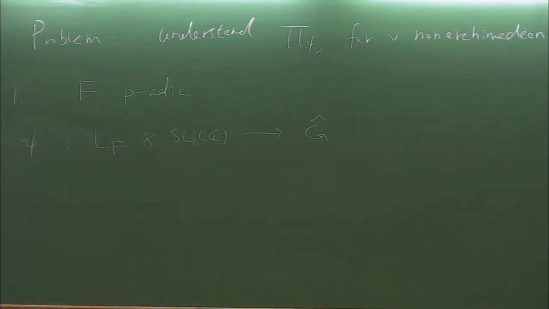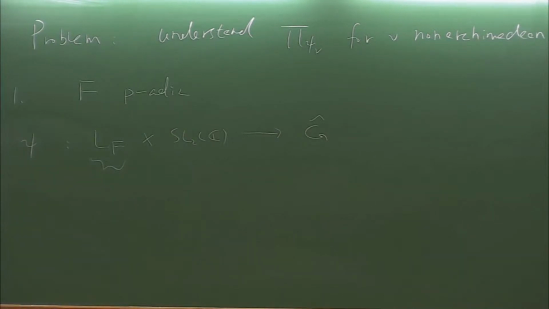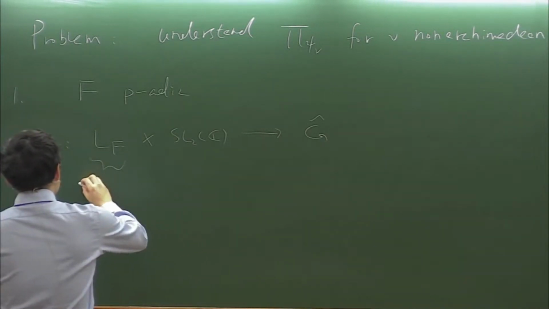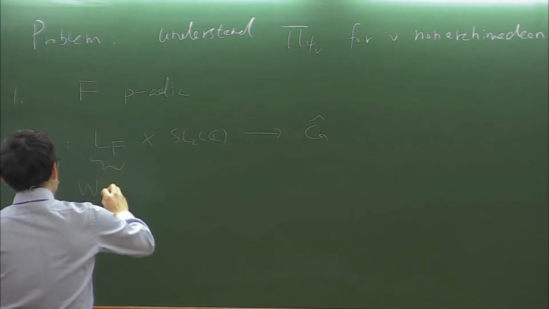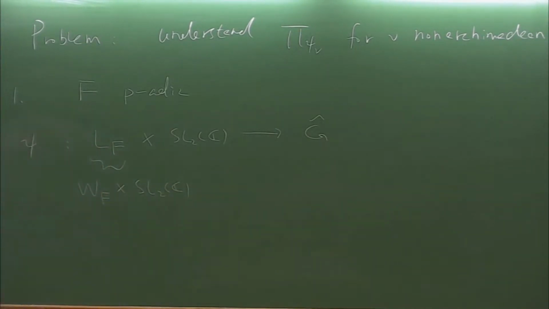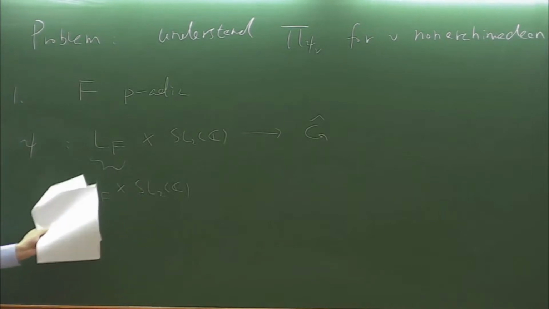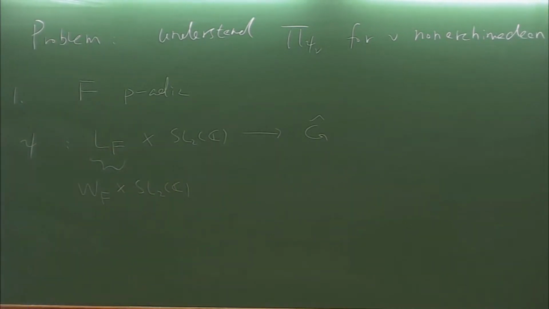Locally, this one is concretely defined in the p-adic place. It's the so-called Weil-Deligne group, which we write as the Weil group cross SL2C. So in particular, you see there are two copies of SL2C. One is from the local Weil-Deligne group, and the other one is global.